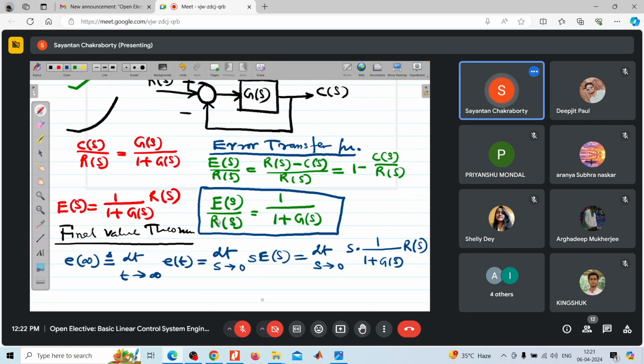So this is our formulation for the steady state error, because we are concentrating on the error transfer function, or the error dynamics. That is, at steady state, what error the system is giving out.